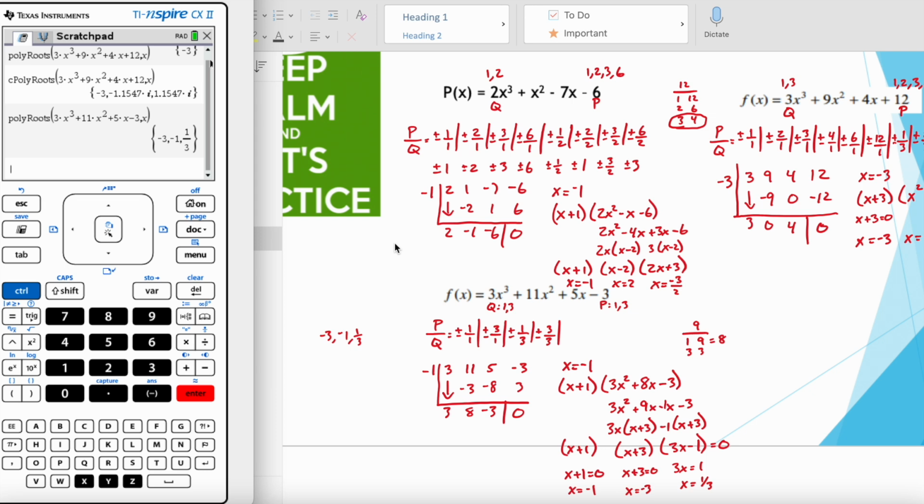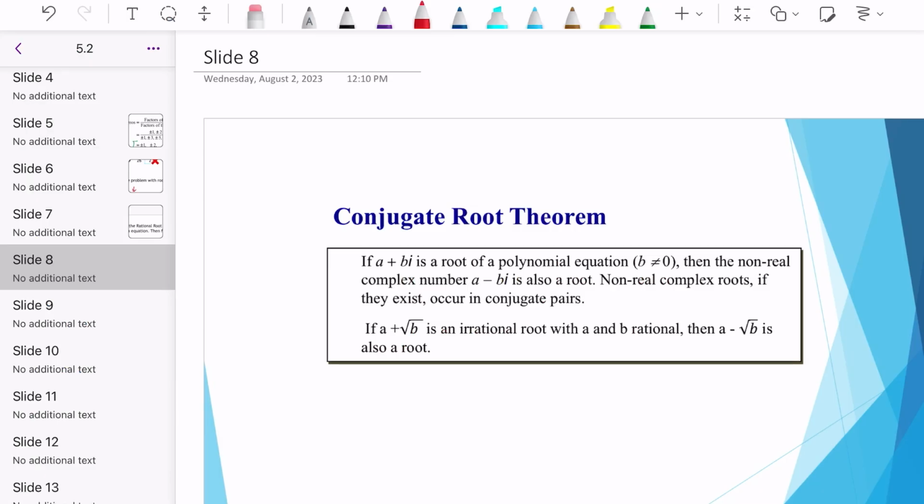Let's go ahead and take a look at slide 8. In slide 8, we begin with the conjugate root theorem. So in this slide, we begin by going over if a plus bi is a root of a polynomial equation, then the non-real complex number of a minus bi is also a root.